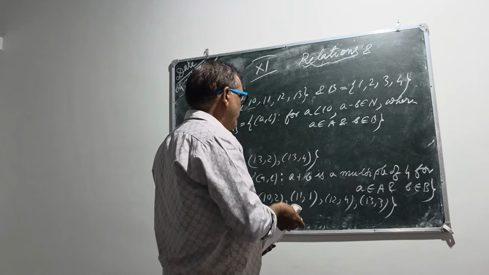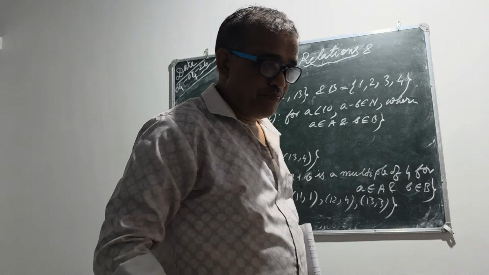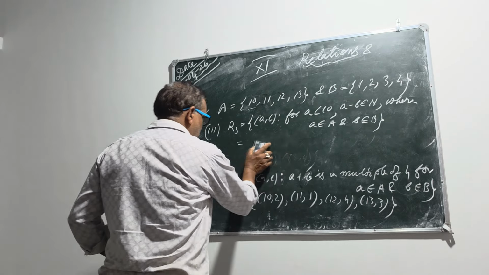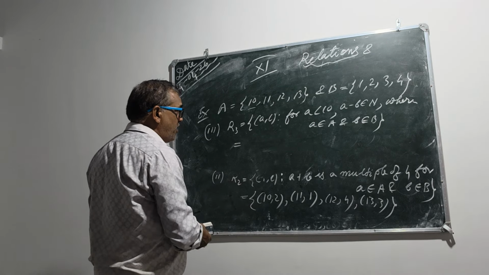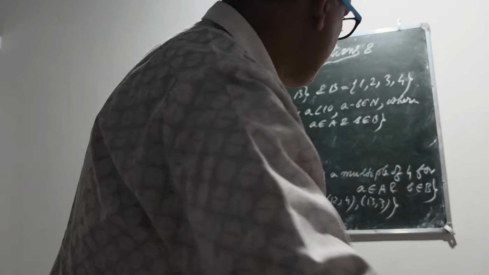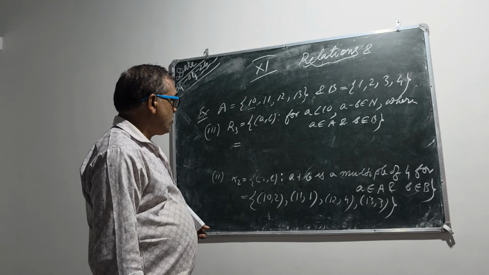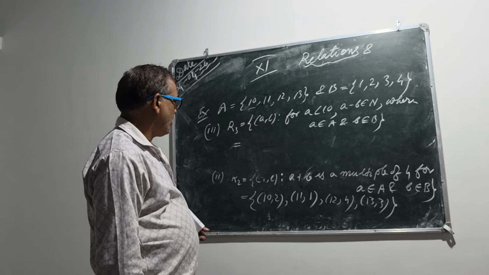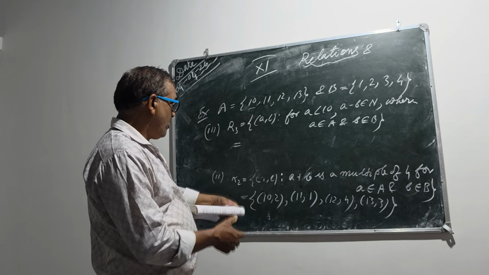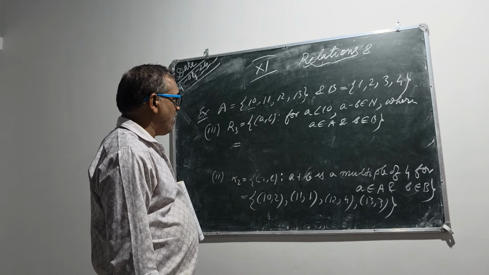Under this definition, what are the ordered pairs? Let us see. The two given sets are already given above. According to the definition of the relation R3, what will the ordered pairs be? First of all, a should be strictly less than 10. In case of a less than 10, there are no elements.